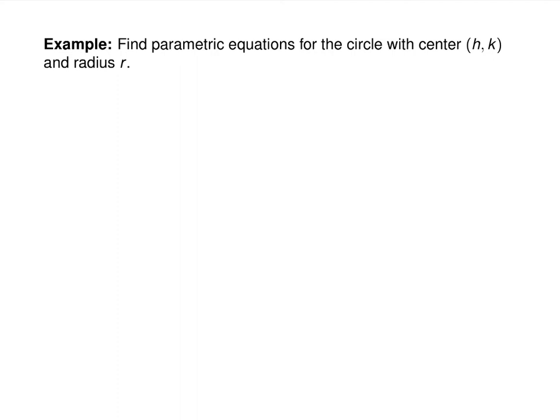All right, now what would a parametric equation for a circle with center h, k, and radius r be? Let's use stuff we've done in this lesson to figure this out. We know that if we let x equals cosine t, y equals sine t, this traces a circle with r equal to 1.